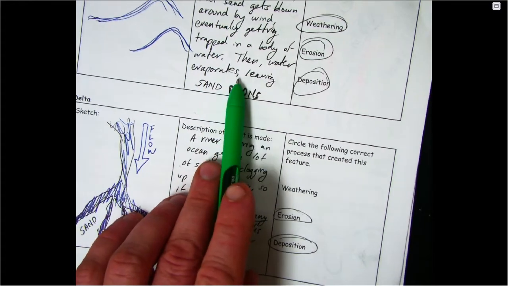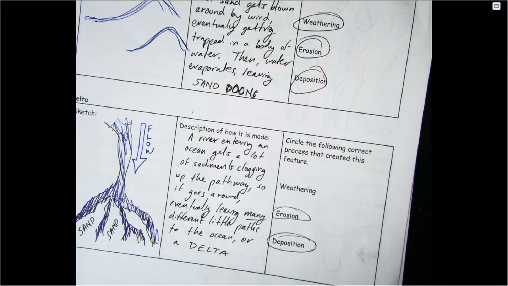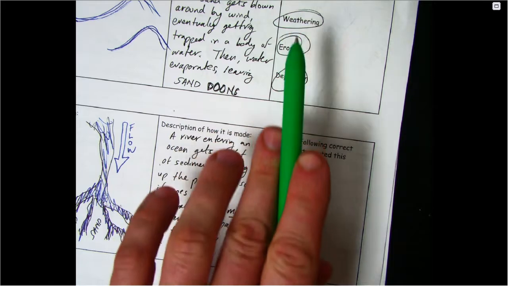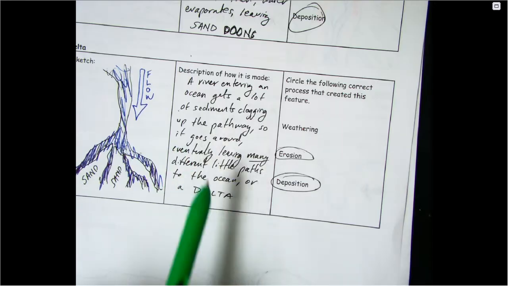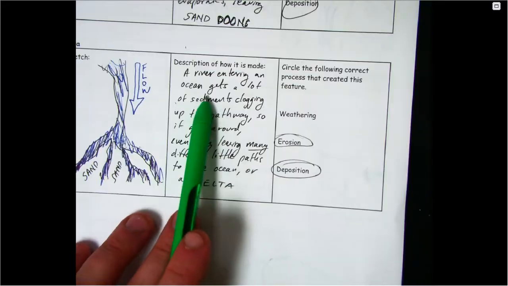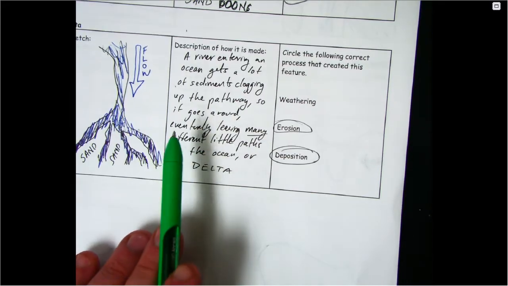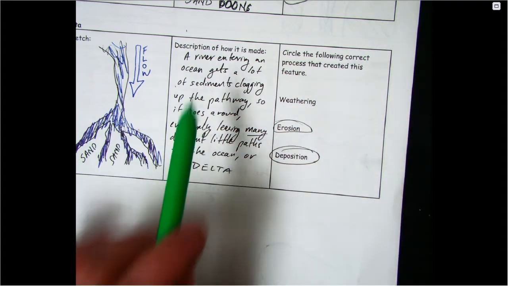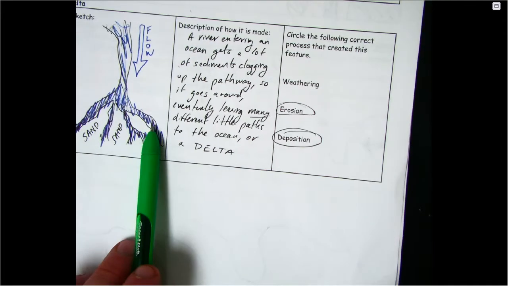Basically, it's the same as what we see with snowdrifts, right? So this one's going to be weathering, erosion, and deposition. It can be occurring because as that's moving, it's actually going to be breaking up sand particles. If you leave weathering off of that one, I think you will be okay as long as your description matches.